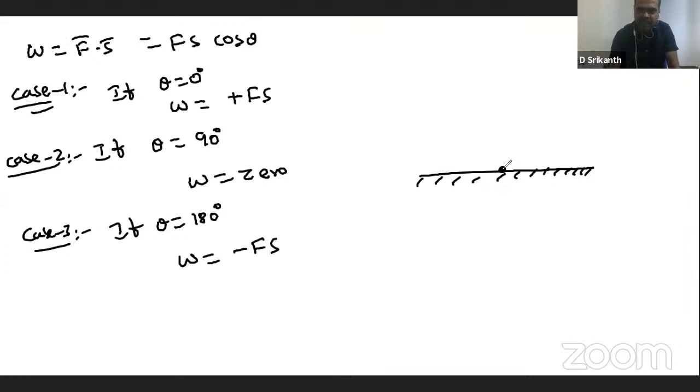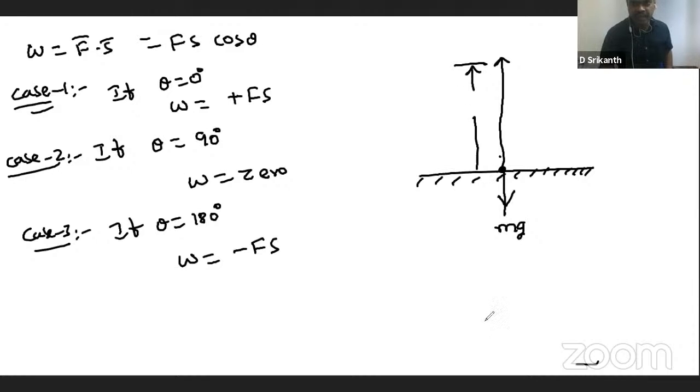Whenever I project this object vertically upwards, at any point we have the force, which is weight, and it has the displacement moving in the upward direction, that is h. Displacement direction is upwards, force direction is downwards. So in this case, the direction of force and displacement are opposite.